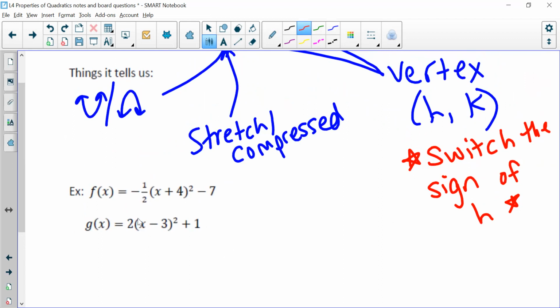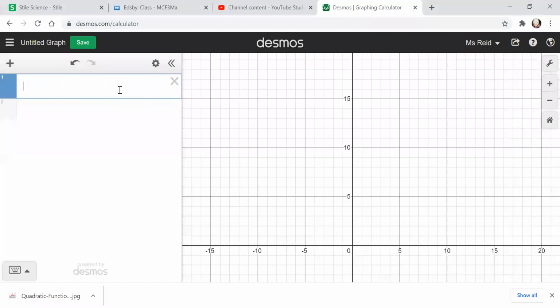Let's guess this one. I can graph them at the same time. Open up or down, for the second one? Up. Stretched or compressed? Stretched. And where's the vertex? +3 and +1. Good, awesome. Okay, I'm going to put these both in at the same time.